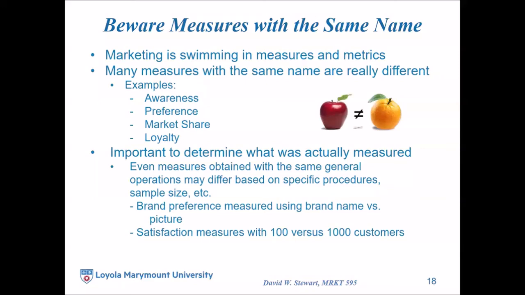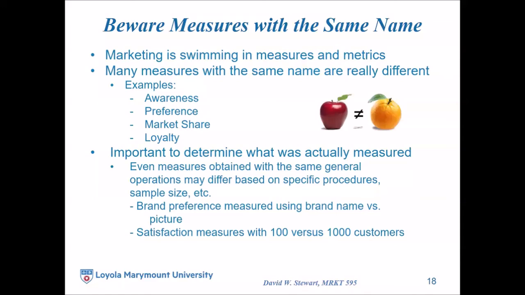So as you look at measures and buy data, whether you're buying from a firm that collects and resells data, paying a firm to collect the data for you, or collecting the data yourself, it's really important to know what's actually being measured. There are lots of measures out there that sound the same, but they're not.